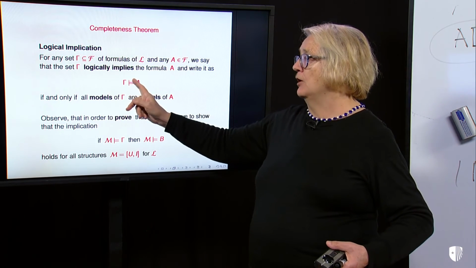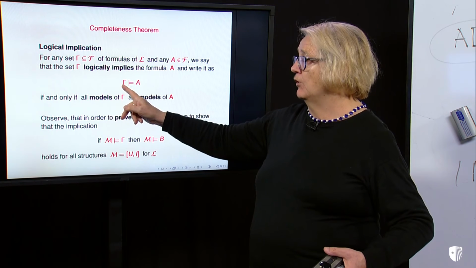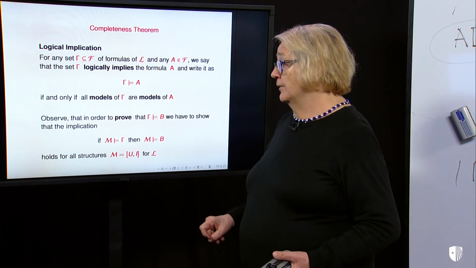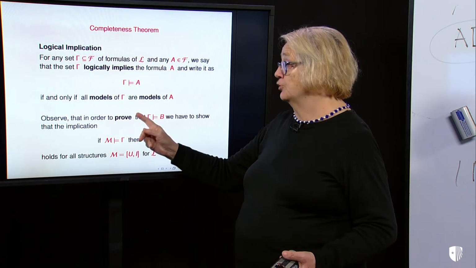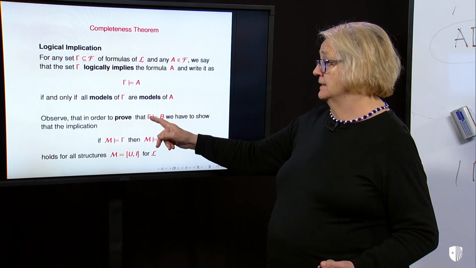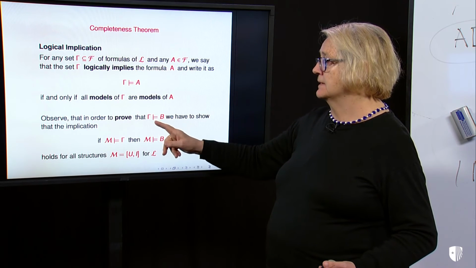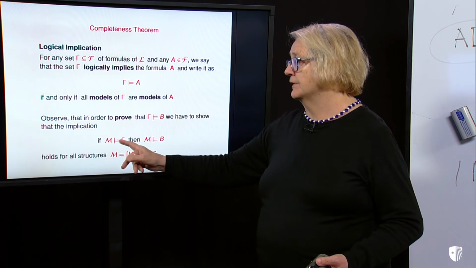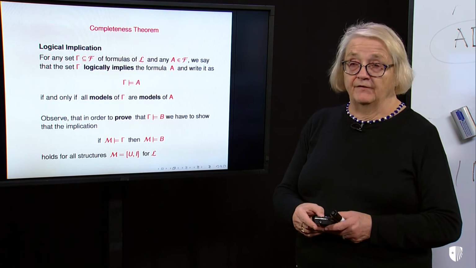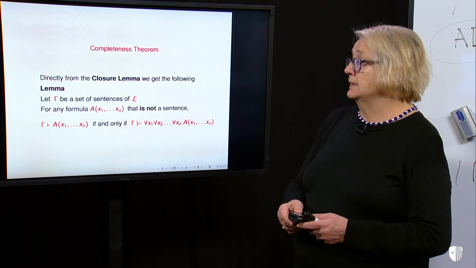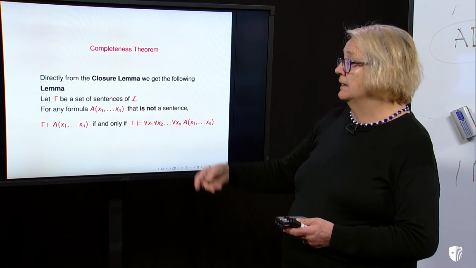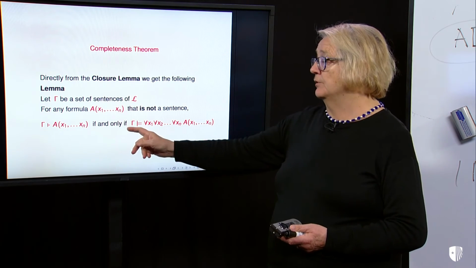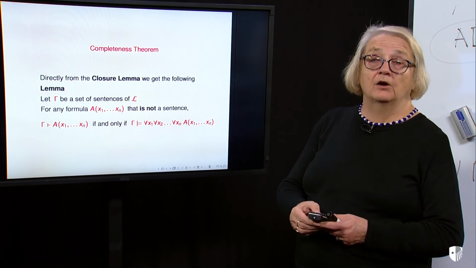You say that gamma logically implies A if all models of gamma are models of A. And now you can write the lemma that for any set of sentences gamma, gamma proves a formula if and only if gamma proves the closure of that formula.